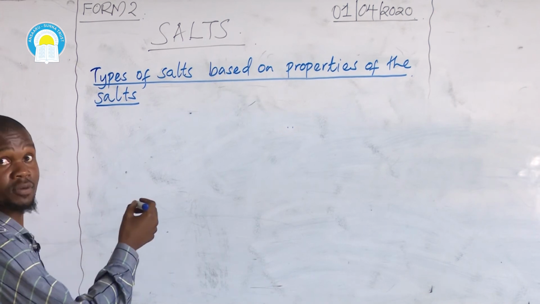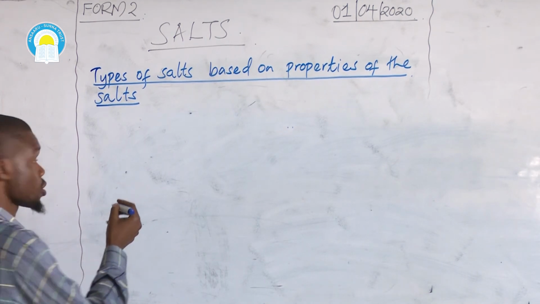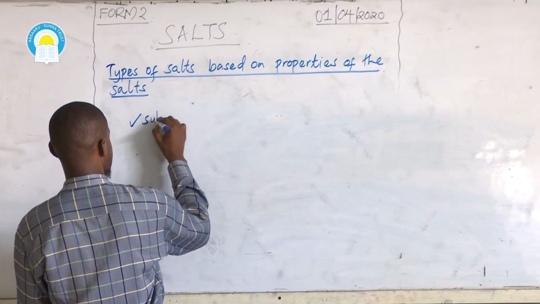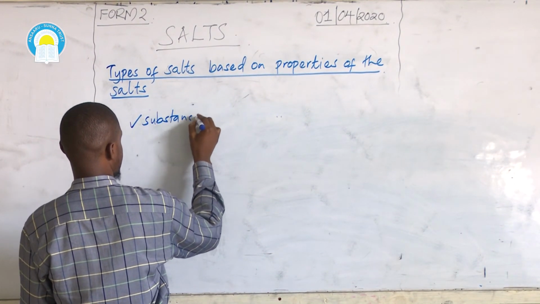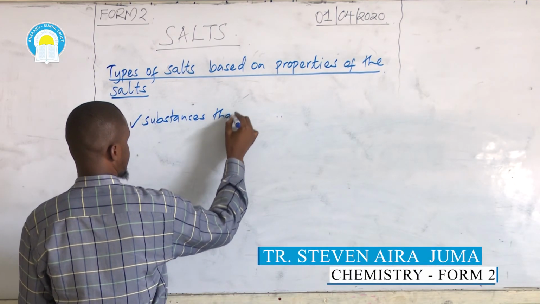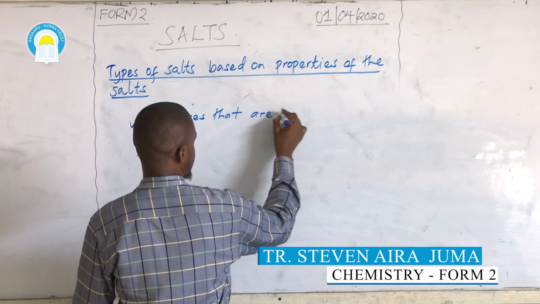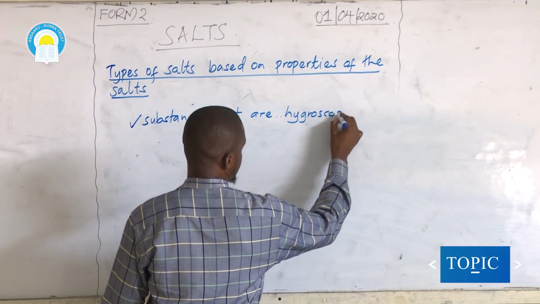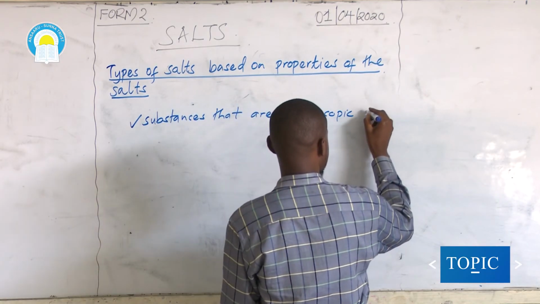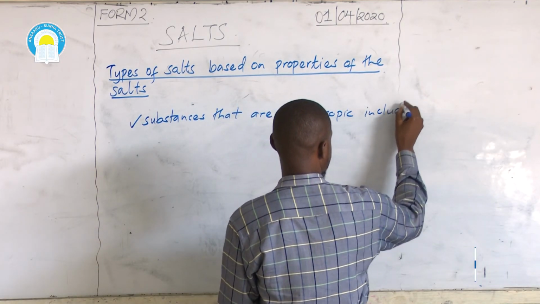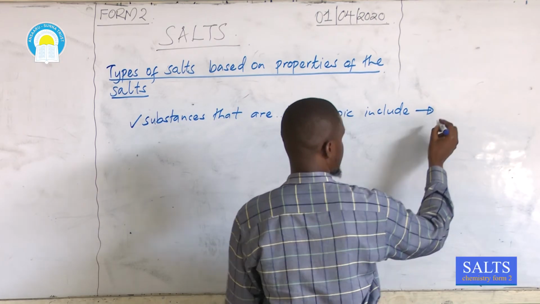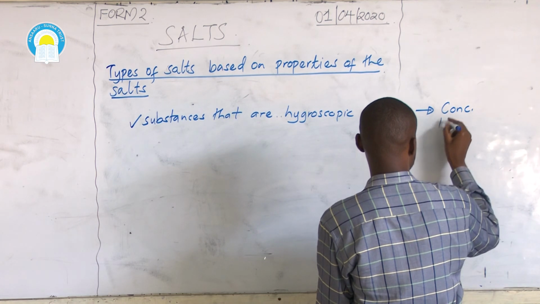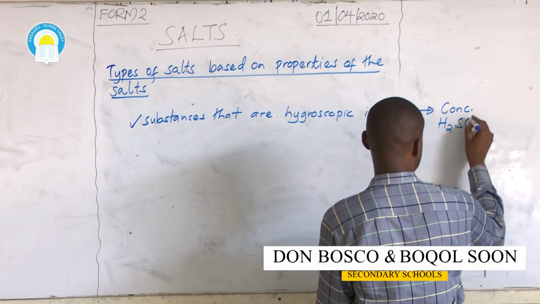A good example of substances that are hygroscopic include concentrated sulfuric acid.